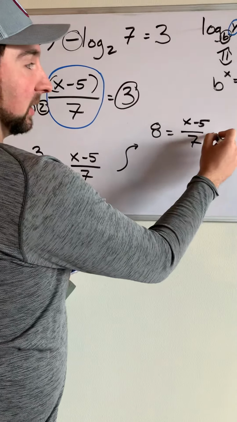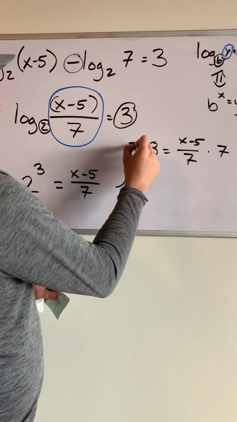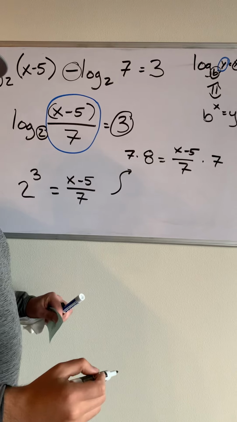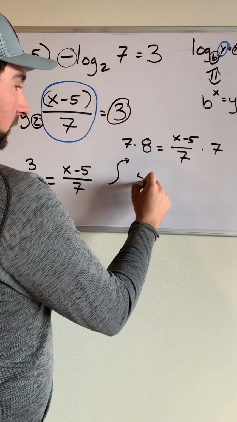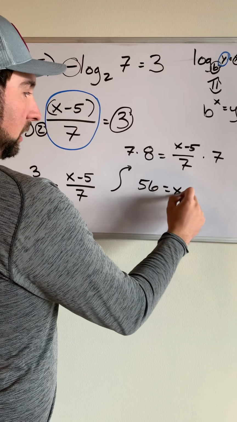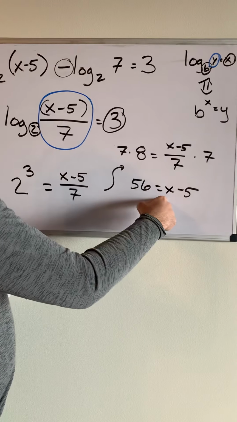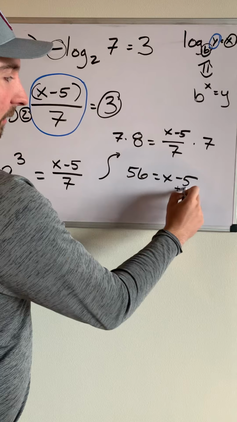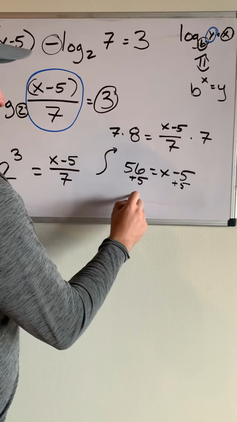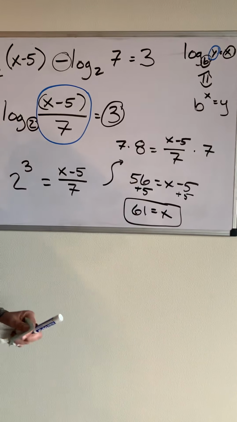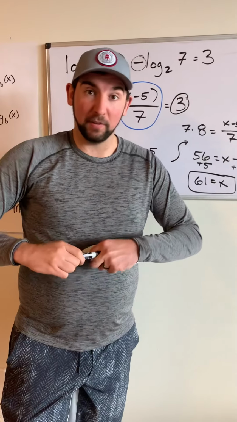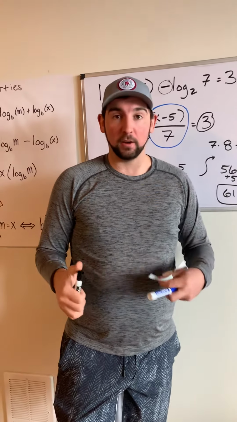Opposite of division is multiplication. 8 times 7, 56. Got to get x by itself, add 5, 61 equals x. So those are like the hardest examples you will have, and so you'll have to evaluate those.